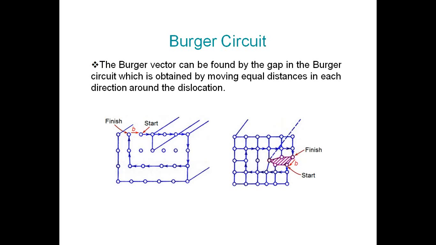Because of the added atoms in the structure, it increases the recrystallization temperature and other phase transformation characteristics. Even the electrical resistance is increased with distortion in the material, and the corrosion resistance decreases with distortion of the lattice structure.